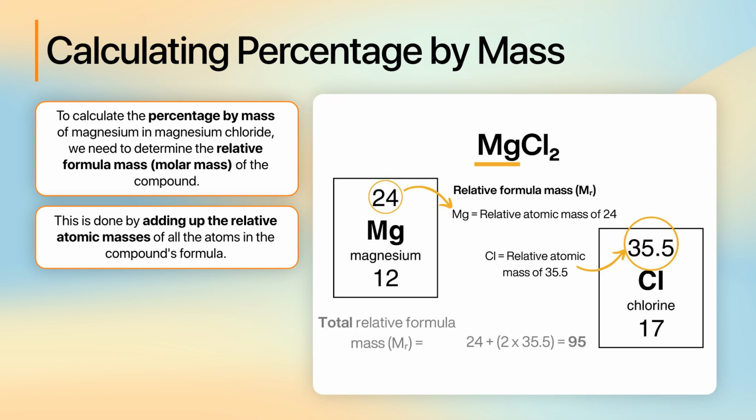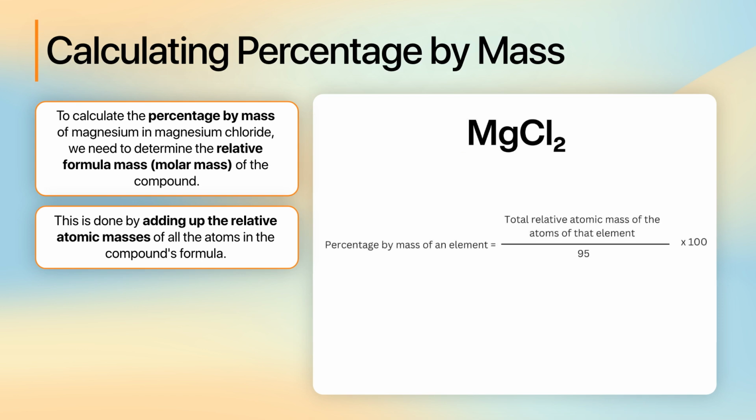Thus, the relative formula mass of MgCl2 is 24 for Mg plus 2 multiplied by 35.5 for the two Cl atoms. This then gives us 24 plus 71, which equals a total of 95. So, if we turn back to our equation, we now have 95 as our relative formula mass.